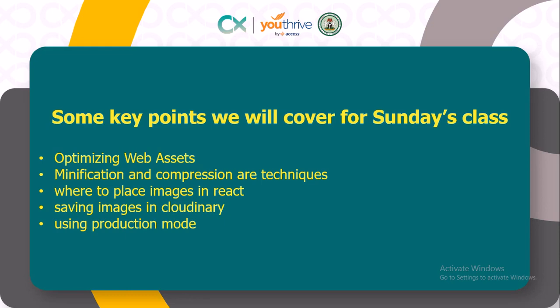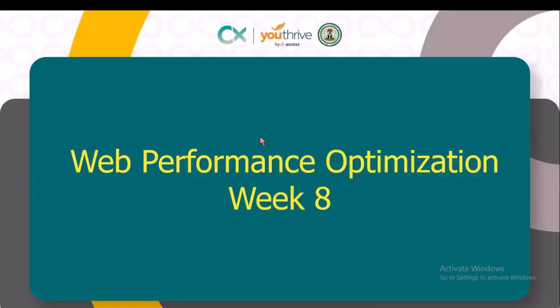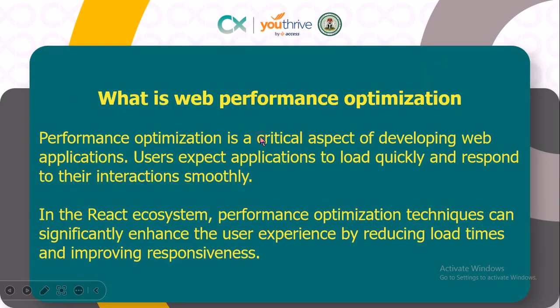So let's get started with our first lesson. What is web performance optimization? Now, performance optimization is a critical aspect of web development. Users expect applications to load quickly and respond to their interactions smoothly.